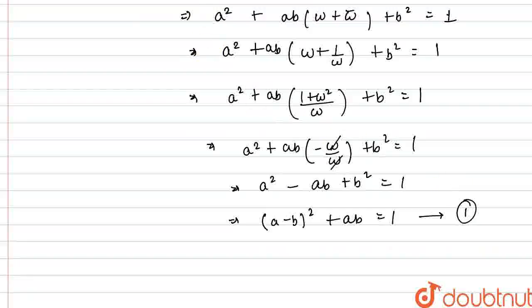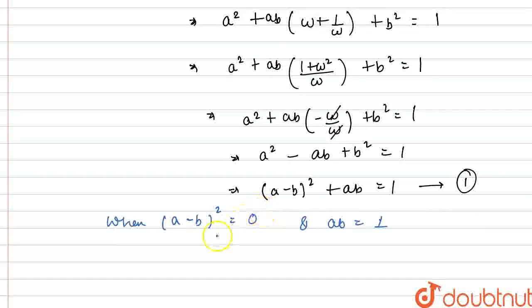So now we'll see the conditions when it is possible. When a minus b whole square is equal to 0 and ab is equal to 1, one condition is this. So the ordered pairs of a comma b we'll have are both a and b equal to 1, or both a and b equal to minus 1 comma minus 1.